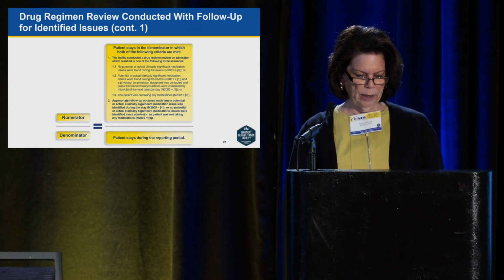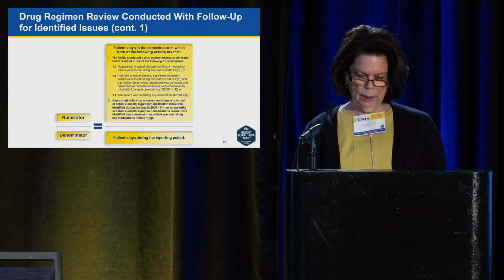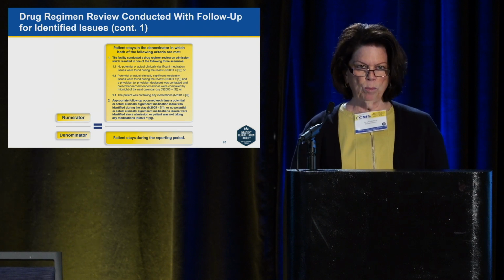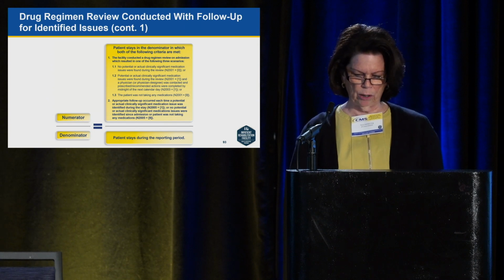So then to calculate the facility level observed score, you divide the facility's numerator count by its denominator count to obtain the facility level observed score. And then you multiply by 100 to obtain a percent value.